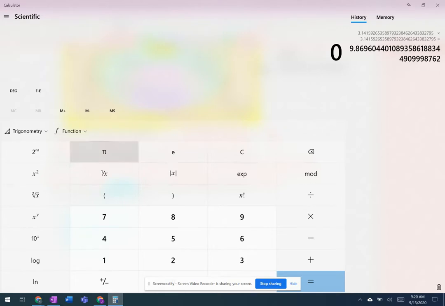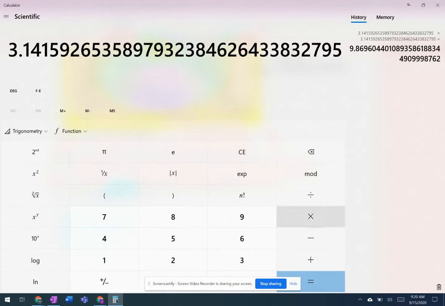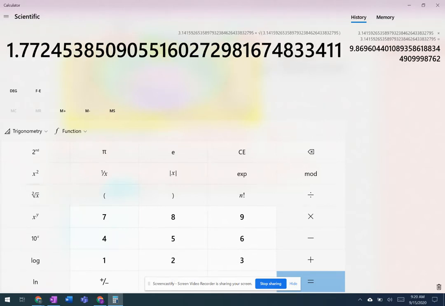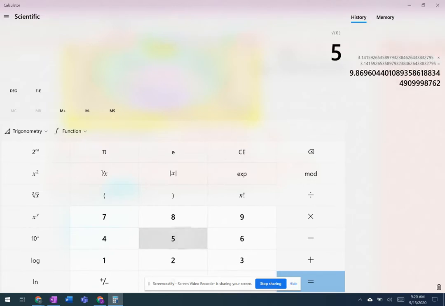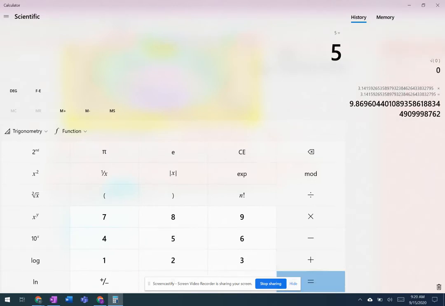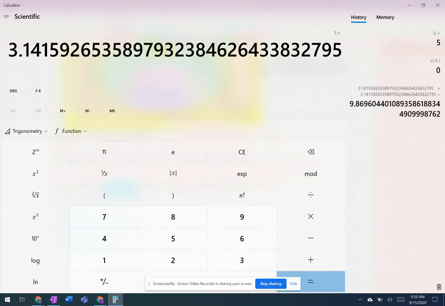What if I take pi times a different irrational number, which could be the square root of, oh, I don't understand how to work this calculator. So let's do the square root of 5. So square root of 5 times pi.